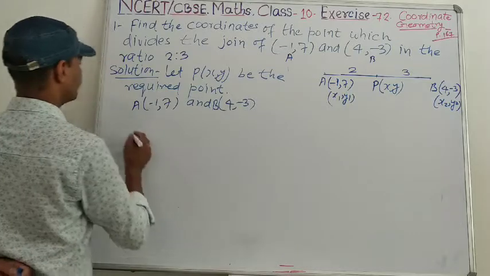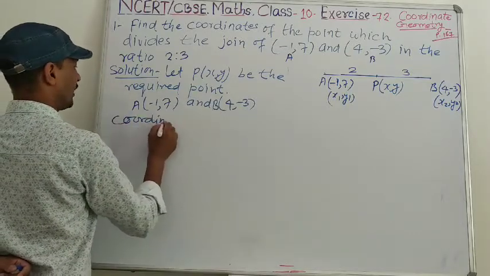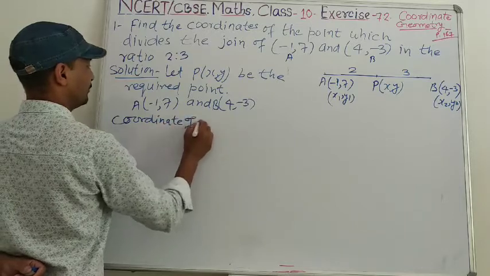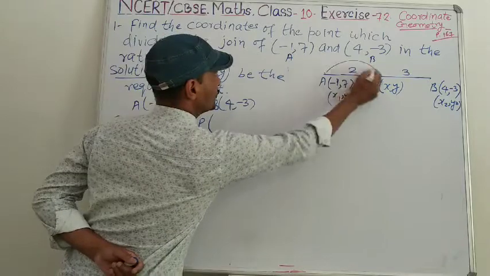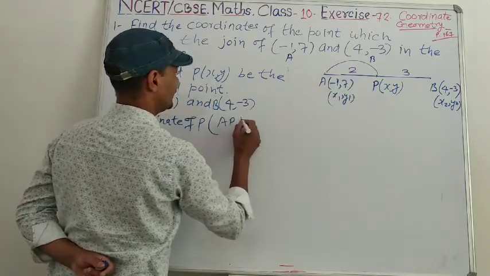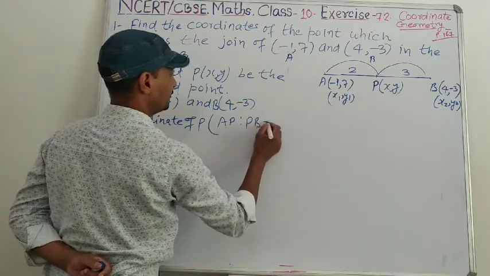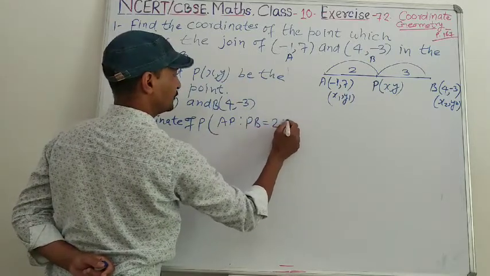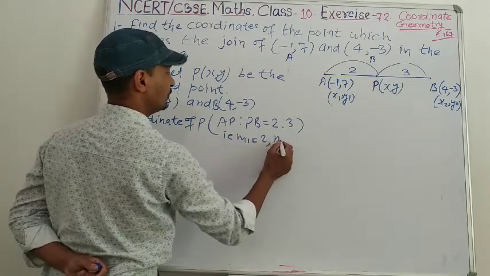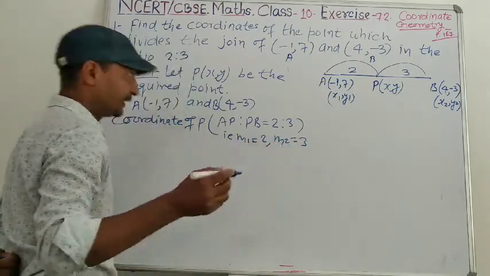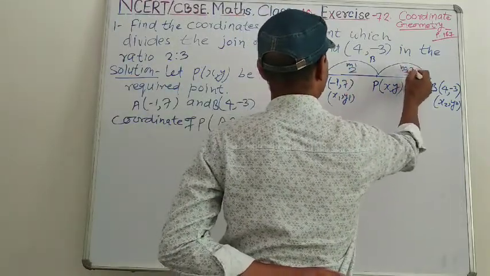So we use here the coordinate of P. So we need first the ratio, that means AP is to PB, dividing by 2:3. That means M1 is 2, M2 is 3. This is M1, the first ratio, and this is M2.